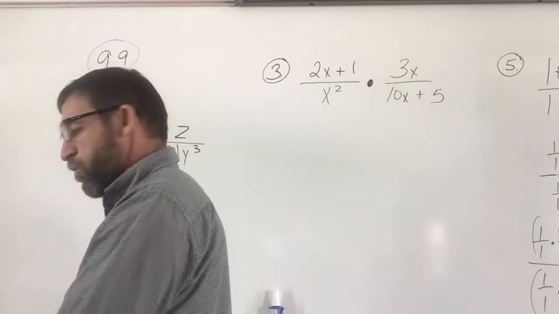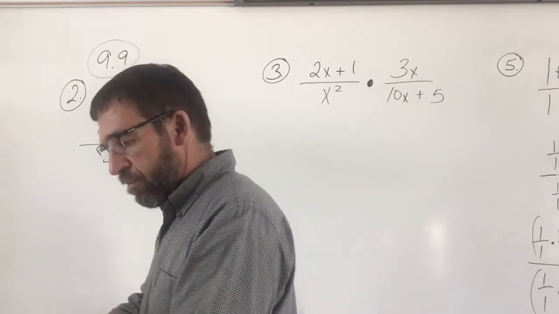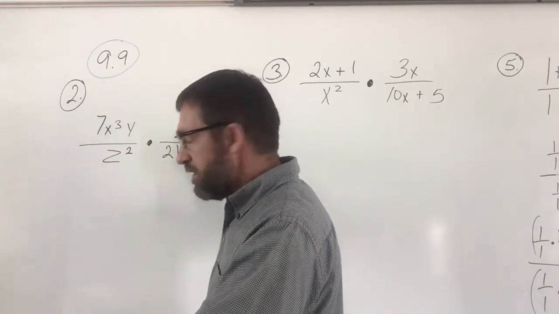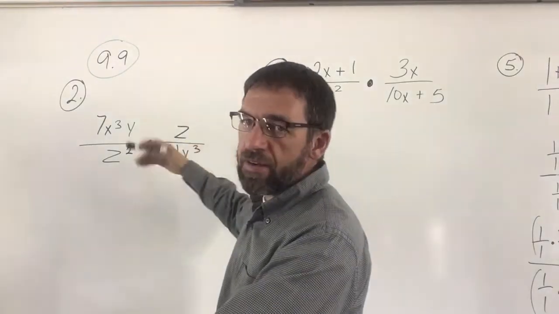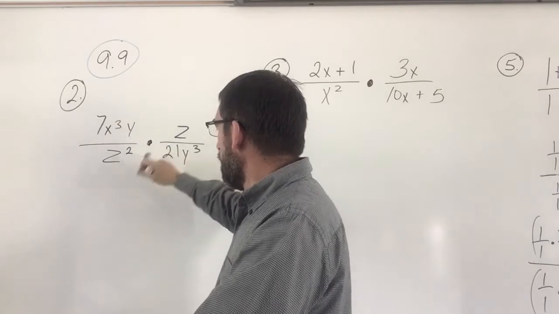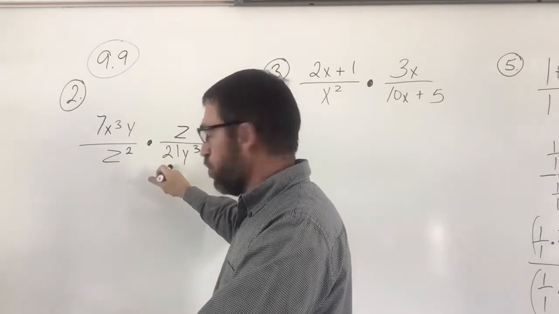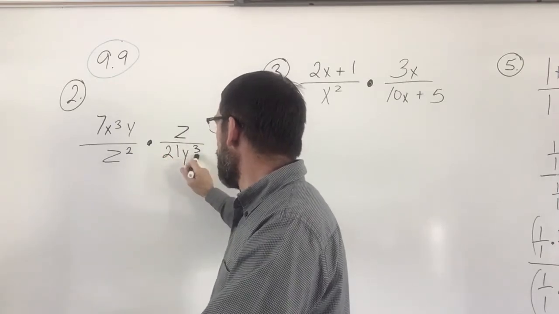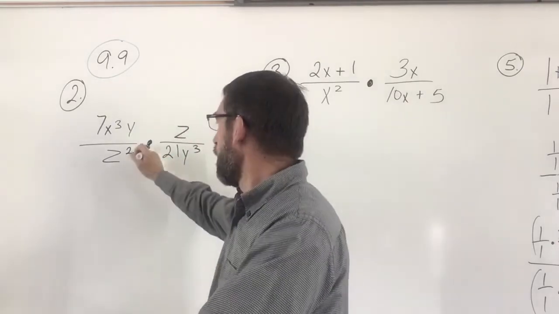Now, if you look at the bottom one, it's 21y cubed z. I didn't double copy it, so I just right away flipped it. The z was on the bottom, but you know to put that on top. So I put the z on top, the 21y cubed on the bottom, and now I can multiply.